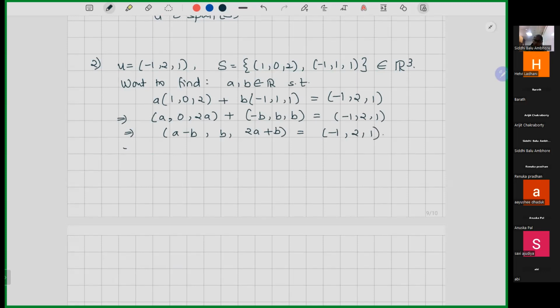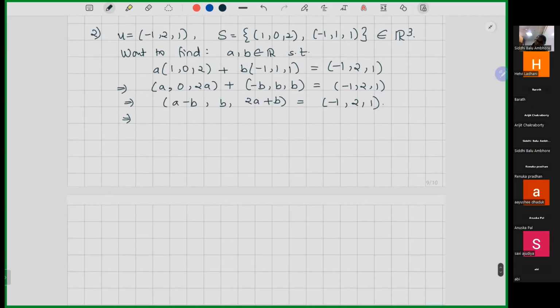Now what system do we get? a - b is -1, b again is 2, and 2a + b is 1. Let me again label this 1, 2 and 3. From 2 we have b is equal to 2, right?